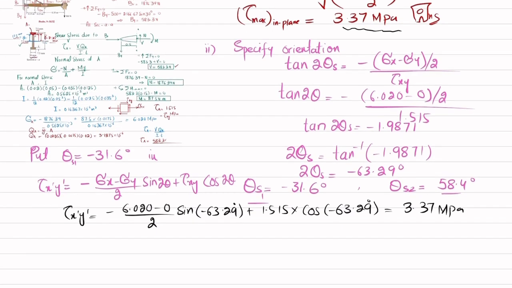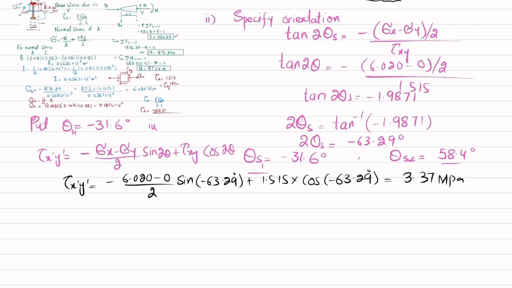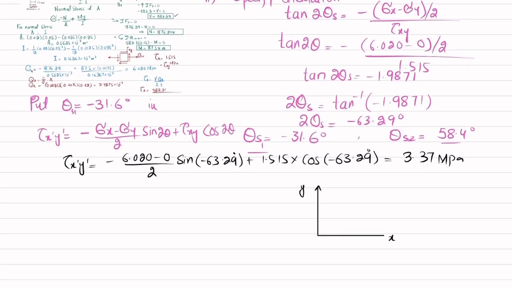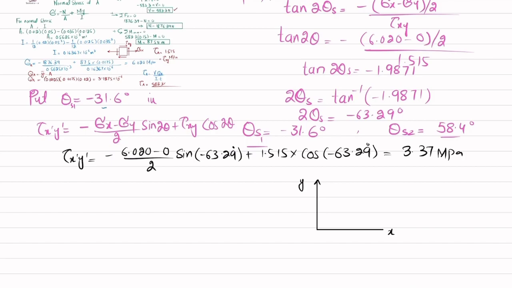But we have confirmed that if you draw the element, let this be the initial axis x and this be y, clear, and when you rotate it through an angle of minus 31.6, minus means clockwise, so let this be your new x dash, and this theta is your theta s1, 31.6 in clockwise direction.